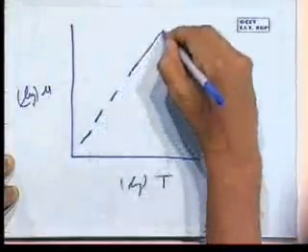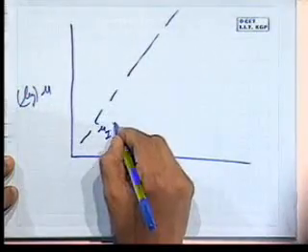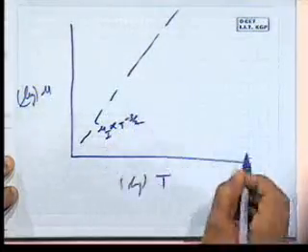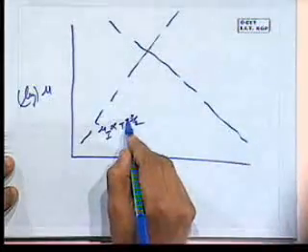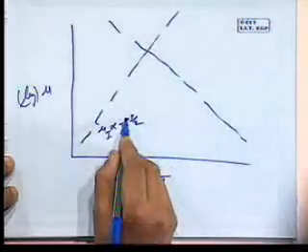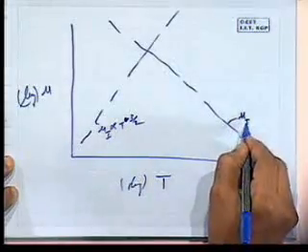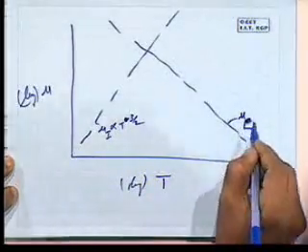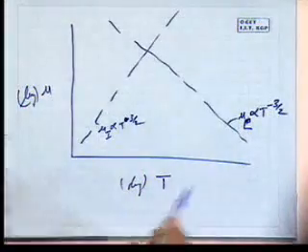Forget about the exact shape, I'm just drawing. Let's call that mu I, ionized impurity. Then there'll be the mu L, due to phonon scattering, which is proportional to T to the power minus 3/2. These are the two curves.